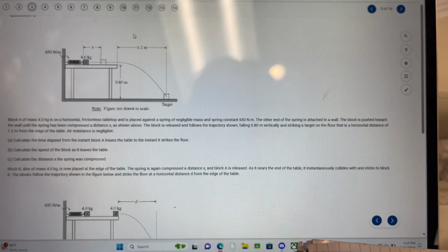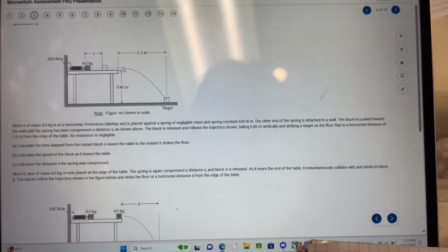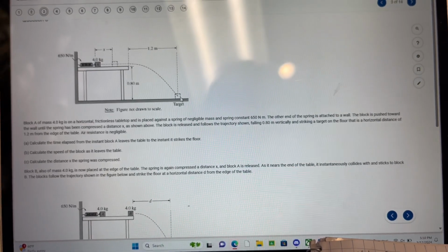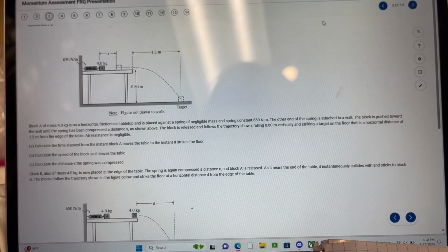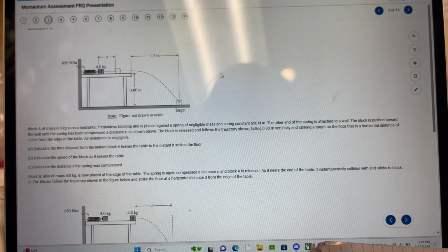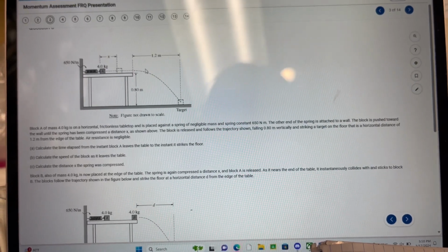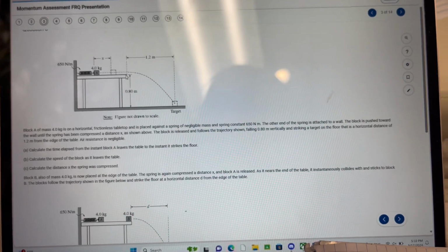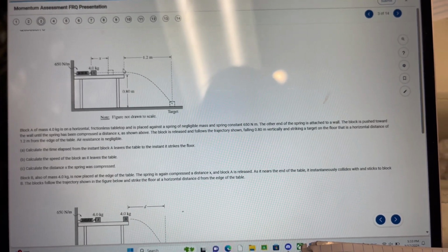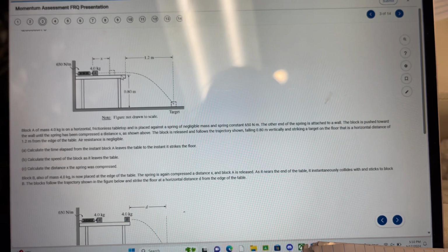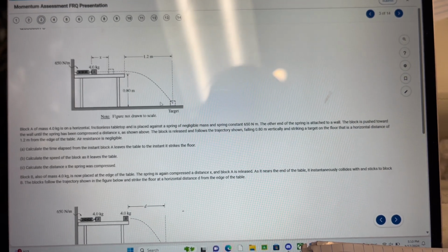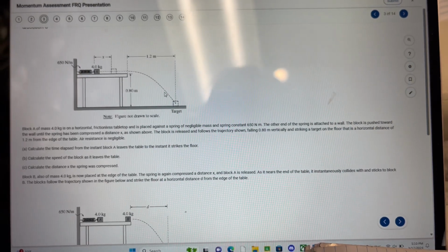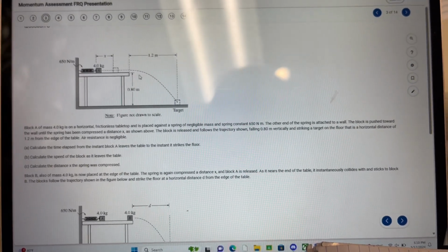So first we are trying to find from where the block is right here to right here. And let's just list everything that we know. We know that the table is 0.8 meters. We know that velocity initial would be 0 since it starts from here. And we know that since the block is falling, it has an acceleration of 9.8 because that is what gravity is.